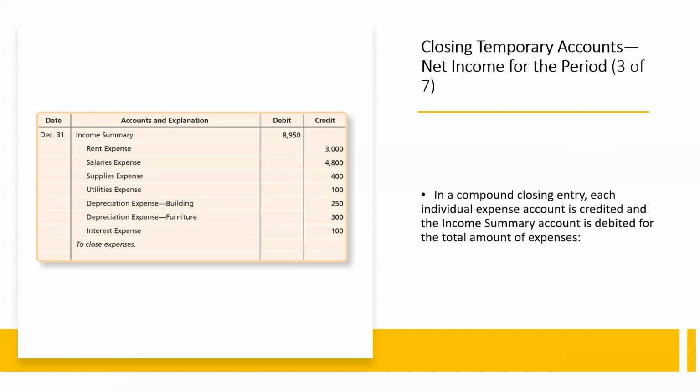You see a credit. So you're closing the expense accounts. In a compound closing entry, each individual expense account is credited and the income summary account is debited for the total amount of expenses.